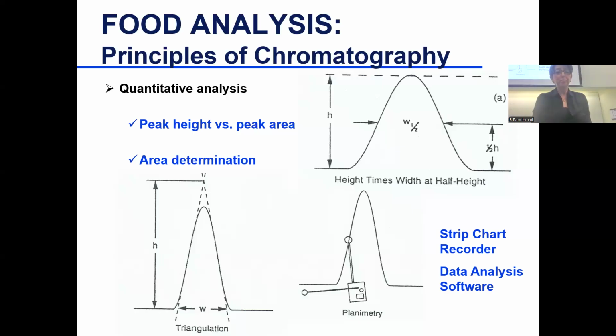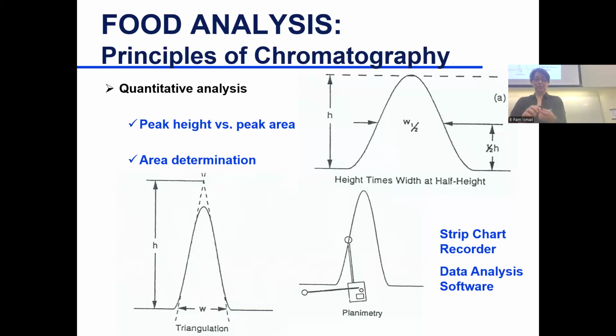Okay. So we used to, many moons away, decades away, we didn't have really advanced software. They would just have a strip chart recorder that would help you determine the area under the curve. Or sometimes they would take whatever graph comes from the strip chart recorder, cut the peak and weigh it.